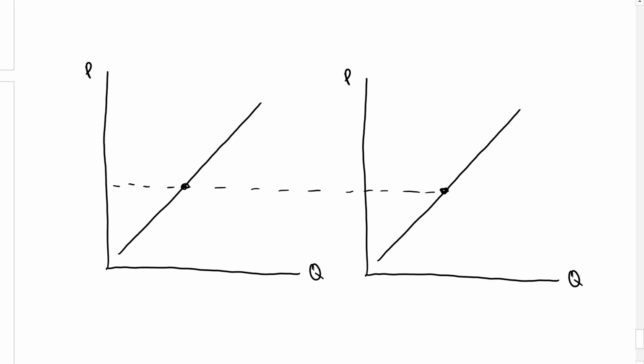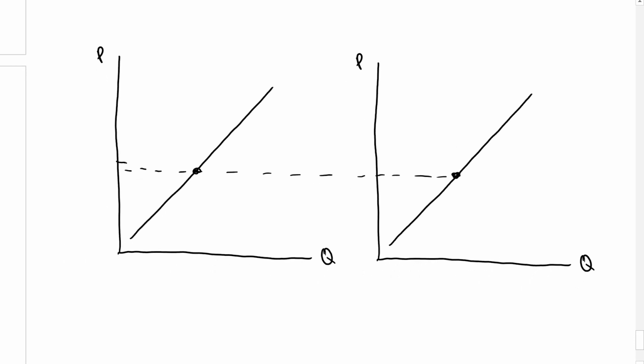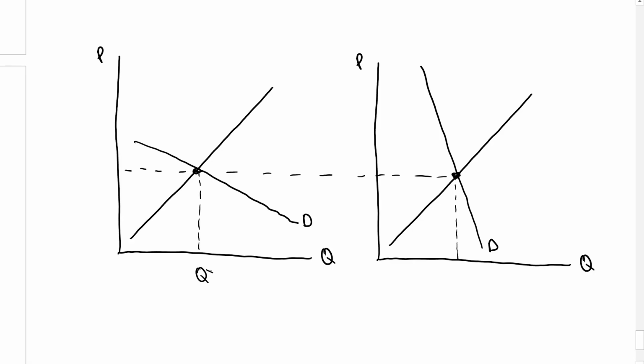Okay, but one market will have what we call an elastic demand curve, which will be relatively flat, and another market will have a relatively inelastic demand curve, relatively steep. So there's our equilibrium quantity and our equilibrium price in both cases.